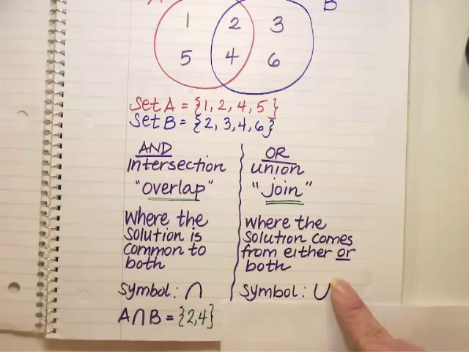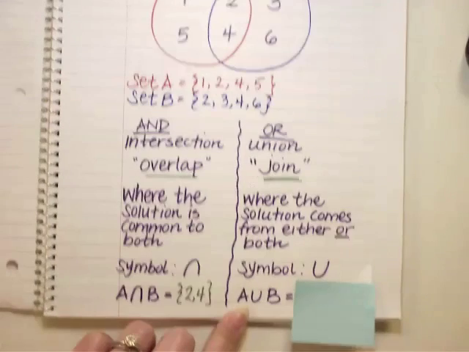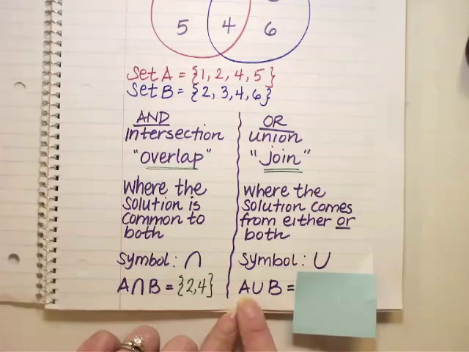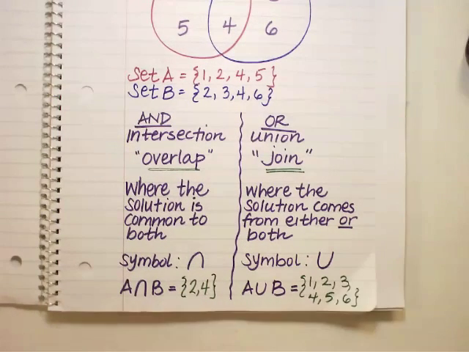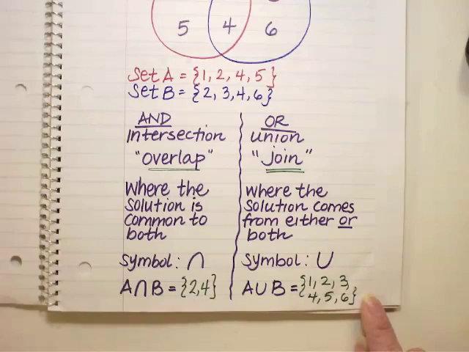And what numbers would be in A union B? A or B? The number 1 is in A or in B. 2 is in A or in B. 3, 4, 5, and 6. So if you guessed all of those numbers, you are correct.